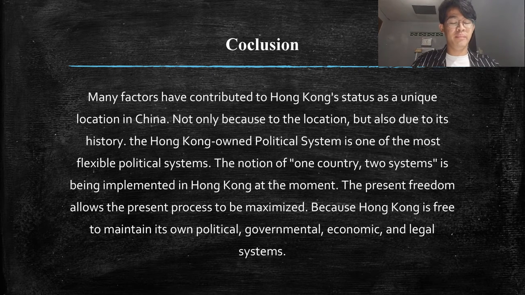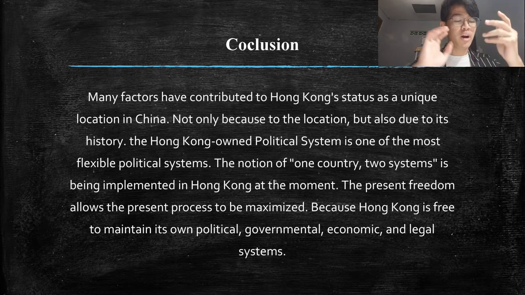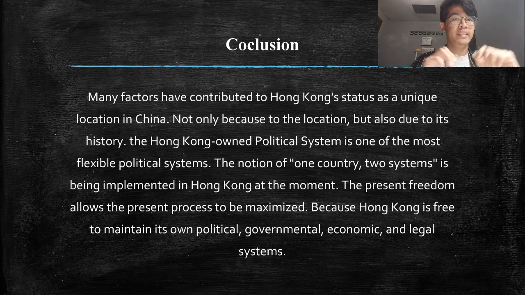Hong Kong has freedom, its own autonomy, and its own privilege. The British indirectly supported Hong Kong becoming a part of warehousing and this industrial hub.